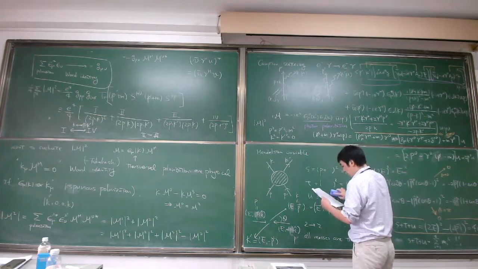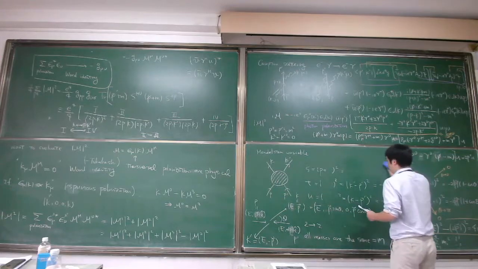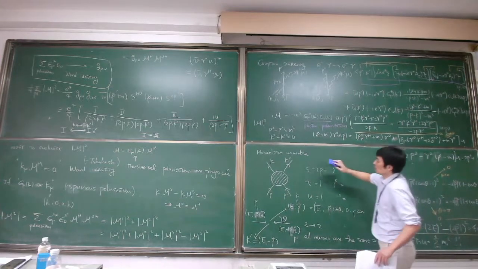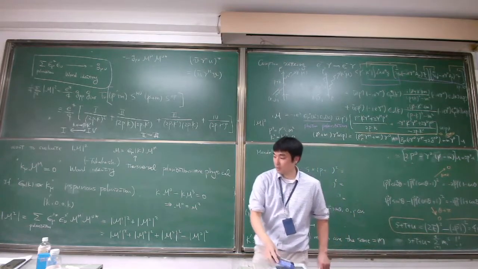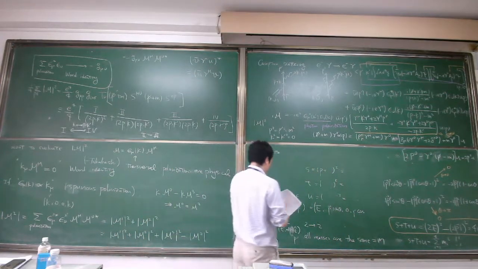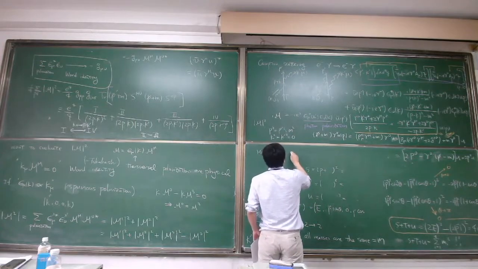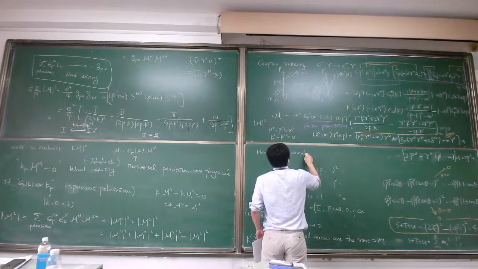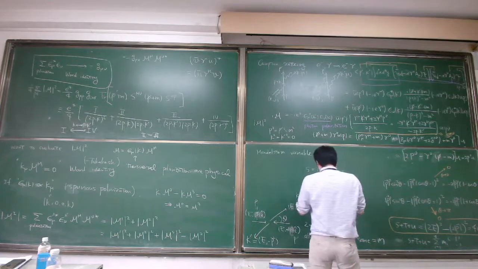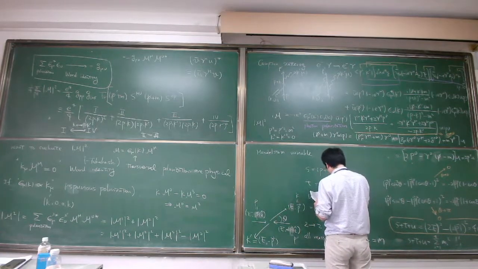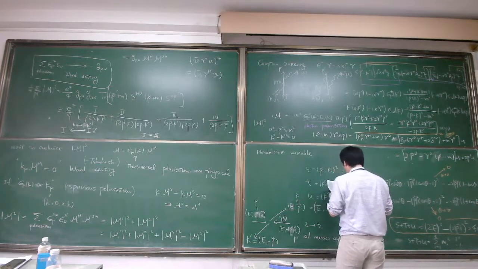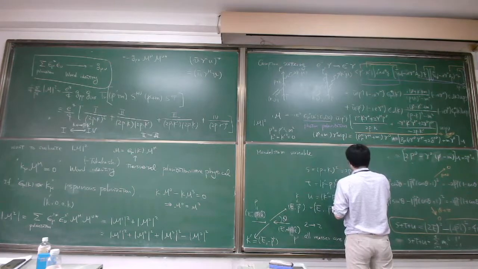So this Mandelstam variable is indeed p prime and 2p plus k.